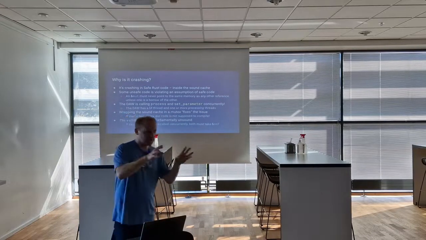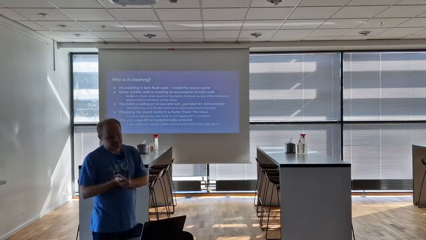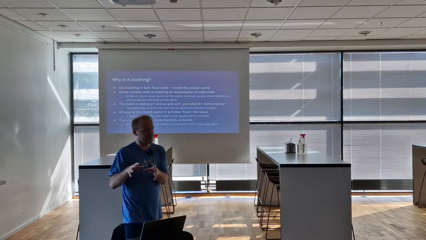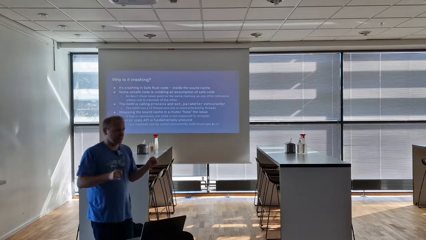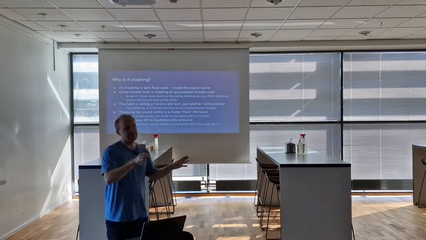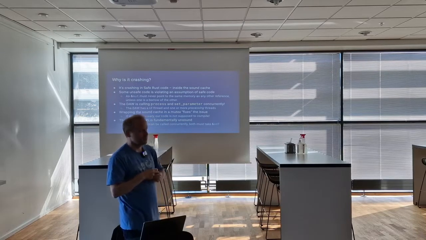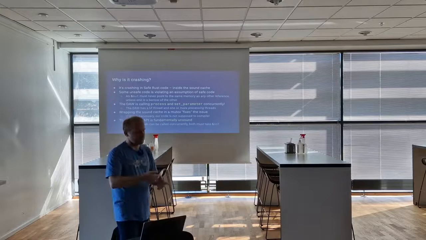So I tried to make a Rust version of that, and it was still crashing. And it also didn't seem like it was crashing in the unsafe code, the bridge code. It was actually crashing inside safe Rust code. It was crashing inside the sound cache, inside some of the data structures there. And when I looked at them, they looked completely inconsistent. It looked very weird.